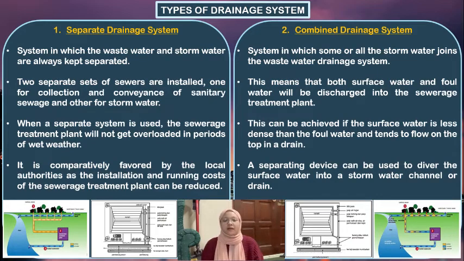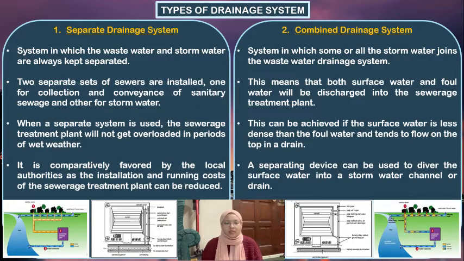Okay, now I will explain about the types of drainage system. Drainage systems are divided into two: separate drainage system and combined drainage system. A separate drainage system is a system in which the wastewater and stormwater are always kept separated. Two separate sets of sewers are installed, one for collection and conveyance of sanitary sewage and the other for stormwater.